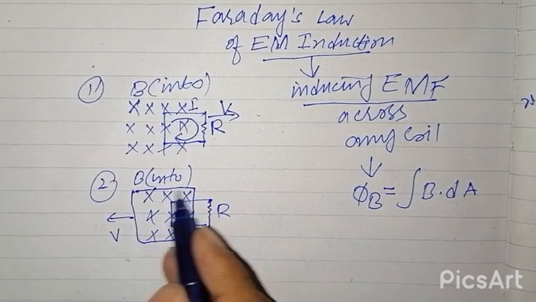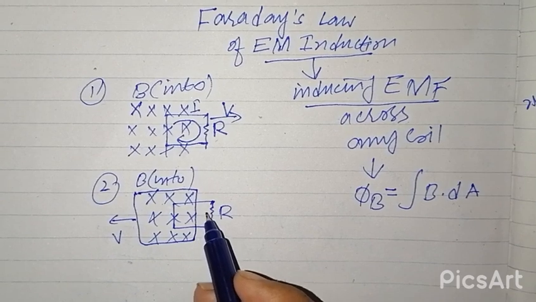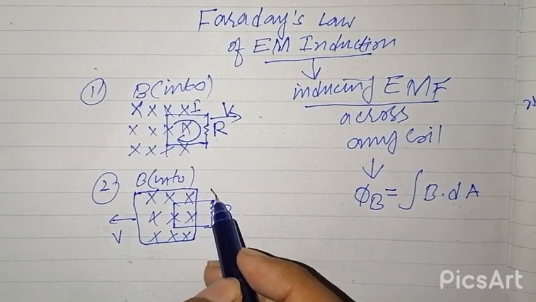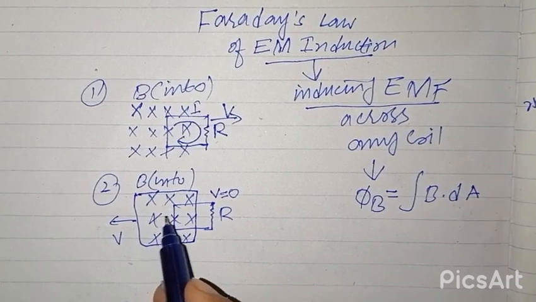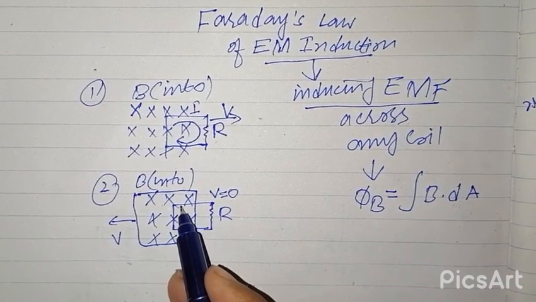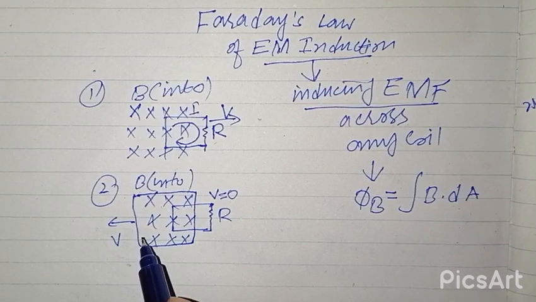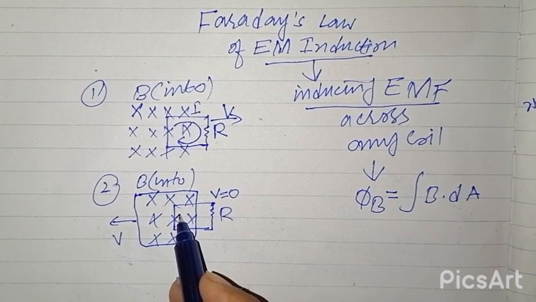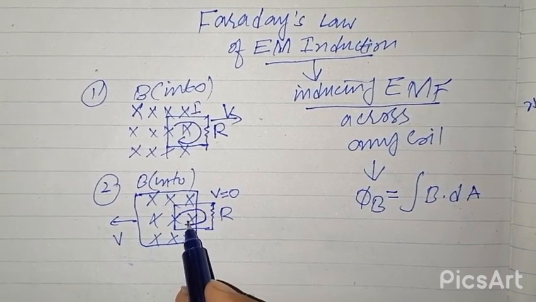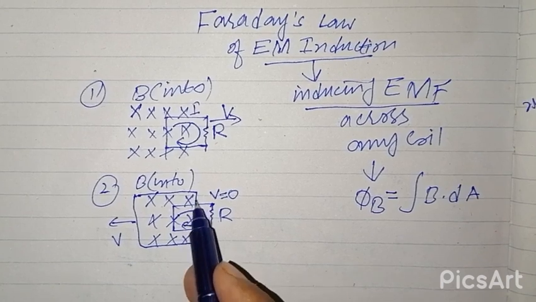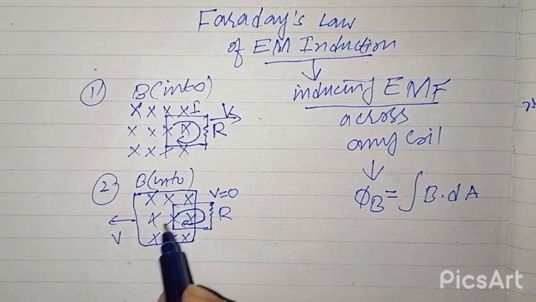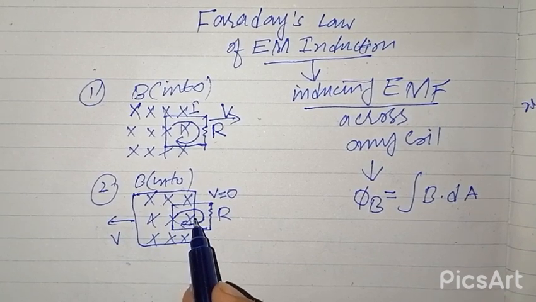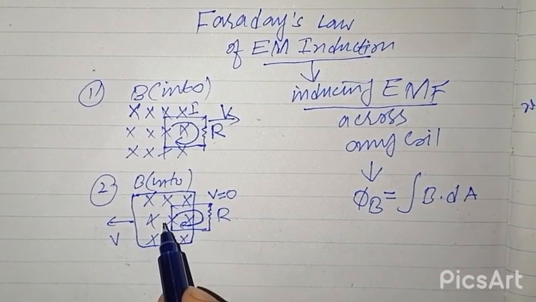So we now move this magnet to the left, but the coil is stationary, so the velocity of the coil is 0. Only the magnet is moving relative to this coil. As a result, a similar EMF, of the same magnitude, is induced in this coil. So there is also relative motion between the coil and the magnet.